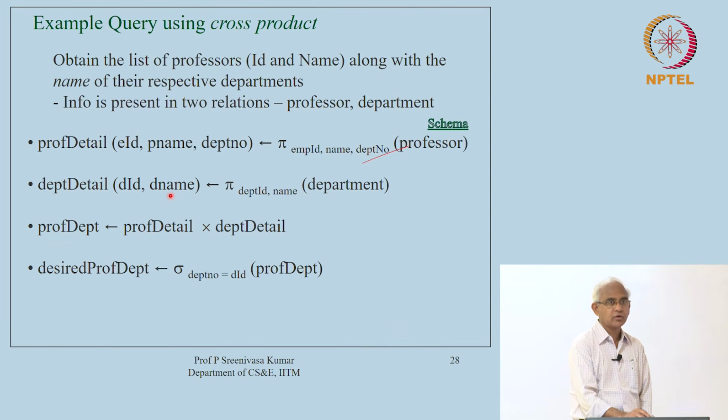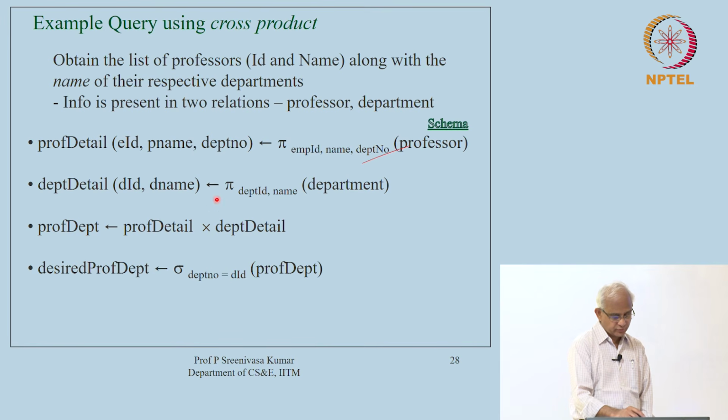You cannot have the same attribute name occurring two times in a relation scheme, that is not allowed. So, we did the appropriate rename, we called it P name here and D name here, so that when you take the concatenation of these schemas, we get a proper schema. Now we are applying the selection operator to impose this condition, so that we get meaningful combinations of tuples from the cross product.